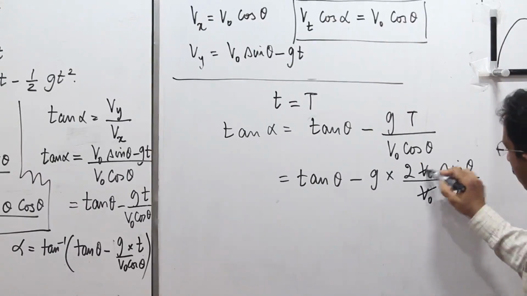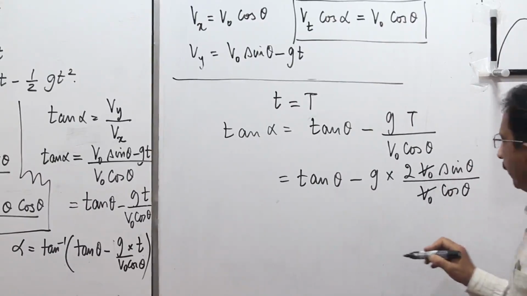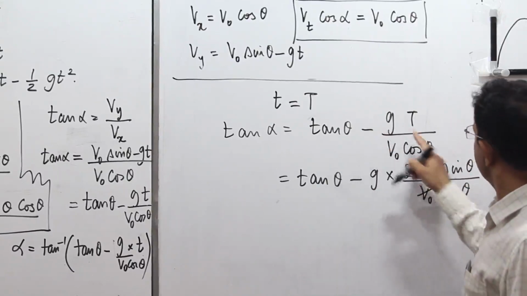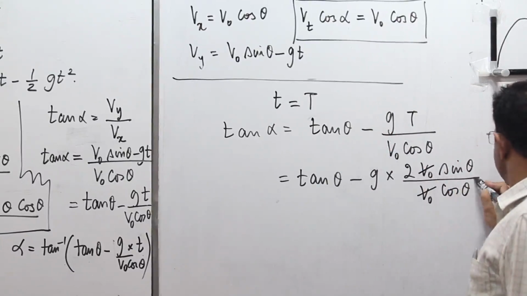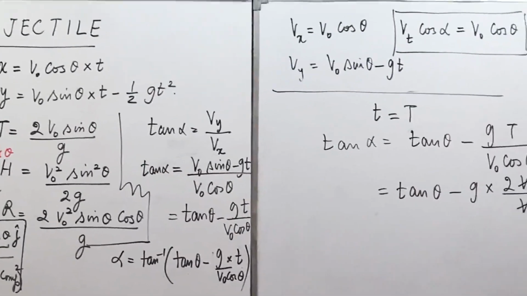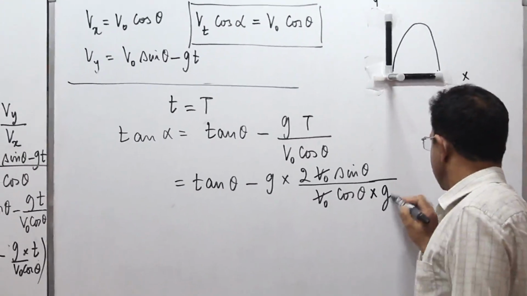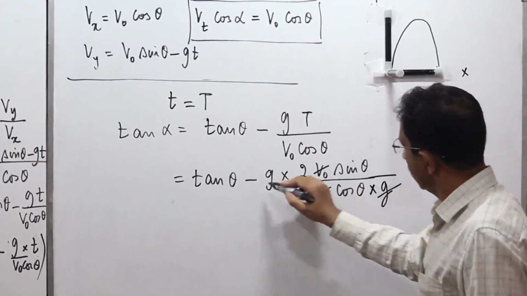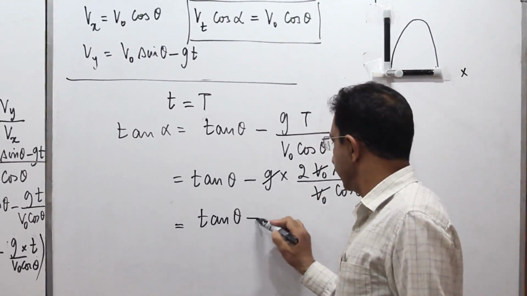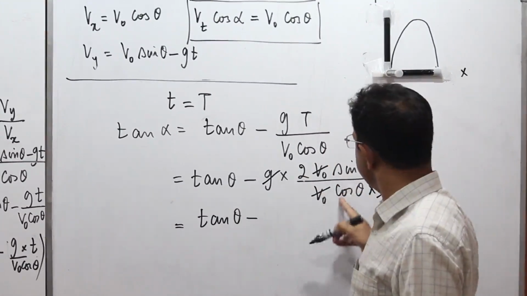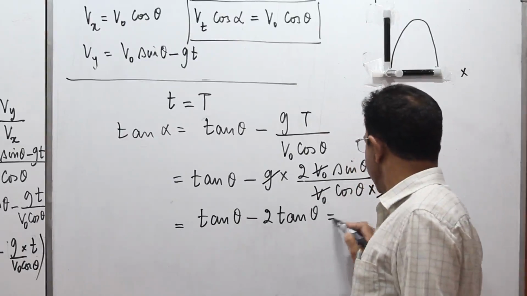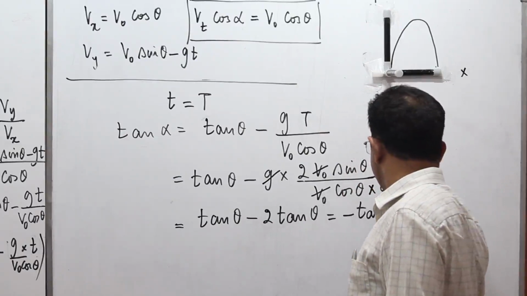So v0 and v0 get cancelled and we have twice v0, sorry, this is v0 sin theta by g. So g and g also get cancelled, so that gives you tan theta minus, this is twice sin theta by cos theta is tan theta, minus twice tan theta, that is minus tan theta.